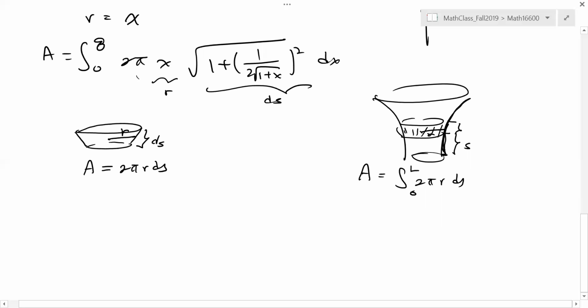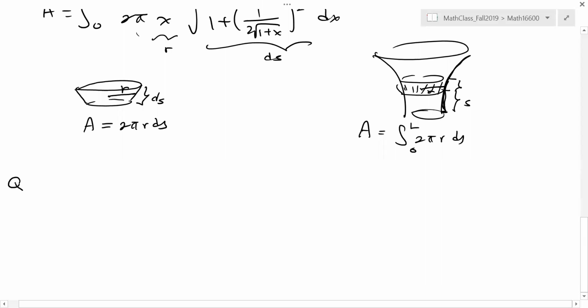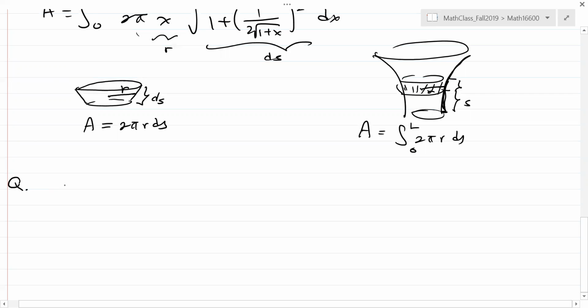The half-life of a radioactive material is 900 years, and the question is when the mass is reduced to 12.5% of the original. Now there is a shortcut.